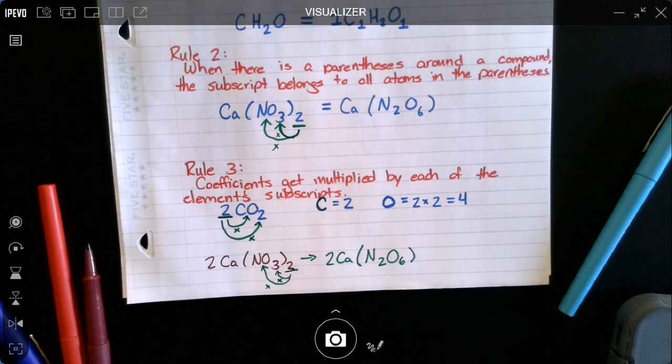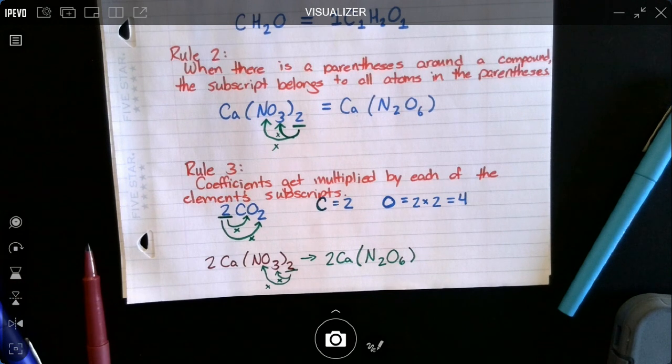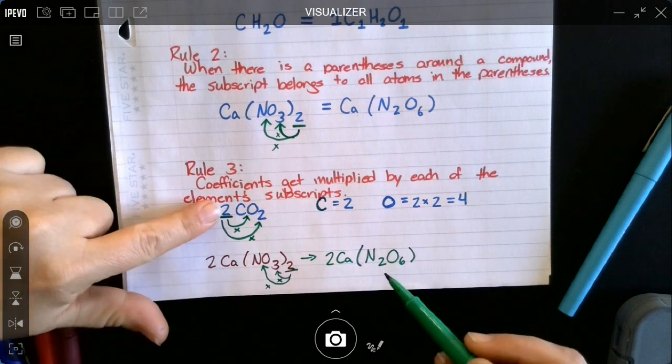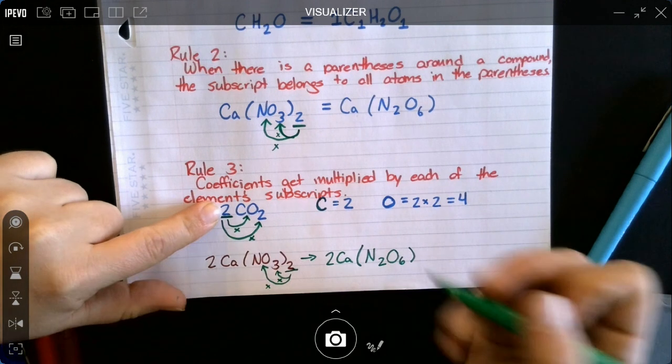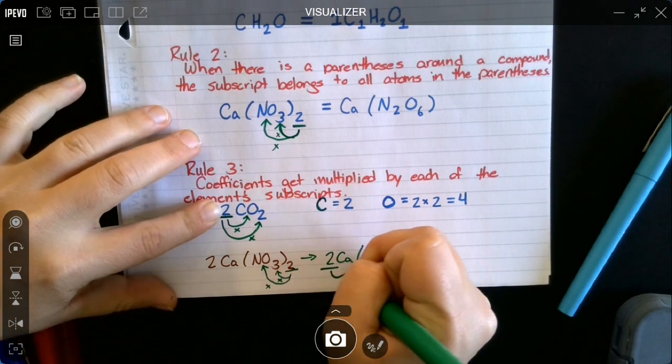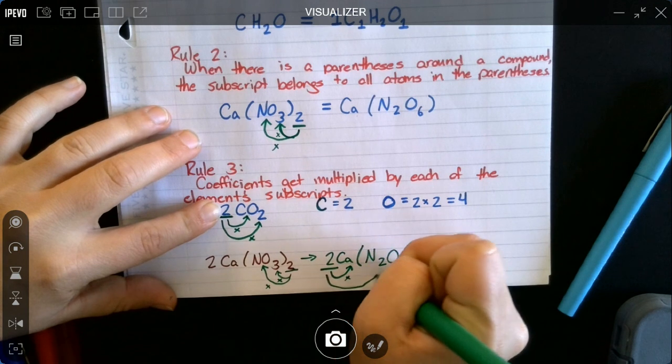Okay. Now it looks a little bit easier. Now it looks like the one above it to give away your coefficient. So now we'll take the 2 on the coefficient and we'll spread it out between everyone.